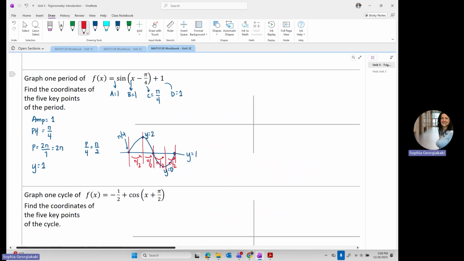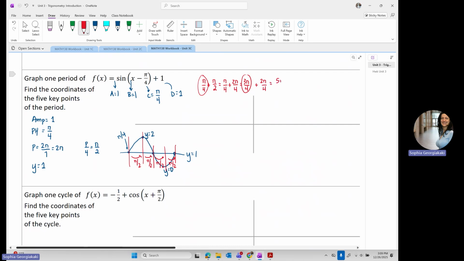And therefore, I'm going to do that math somewhere. So I'm starting at pi quarters. I can do it here. Plus pi over 2, which is 2 pi quarters. So pi quarters plus 2 pi quarters will be 3 pi quarters. So first is pi quarters, then it's 3 pi quarters. Then I'm going to add another pi over 2, which is another 2 pi quarters.